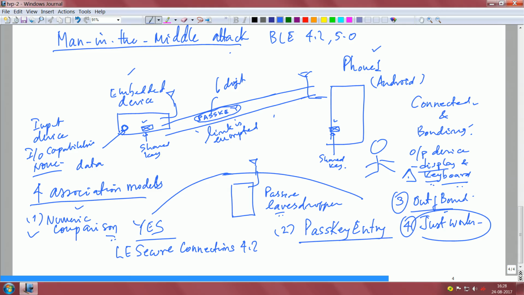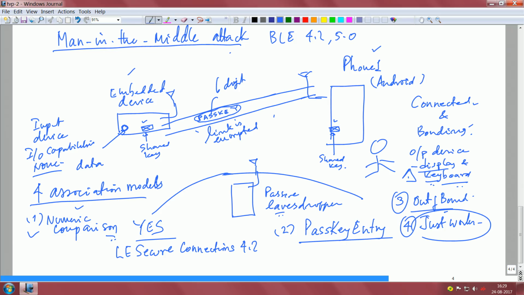Okay. So there are 4 association models. BLE 4.0 has 3 association models that protect against MITM and one for applications that do not need MITM protection, and as I said just works is something that may not need MITM protection, and so you could also use it.